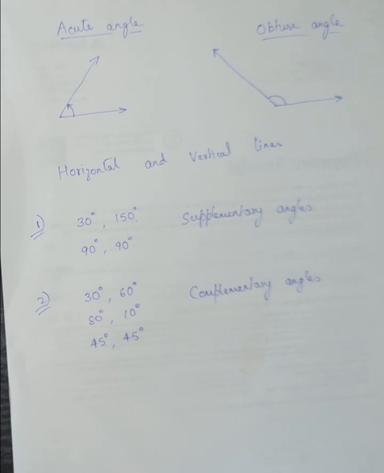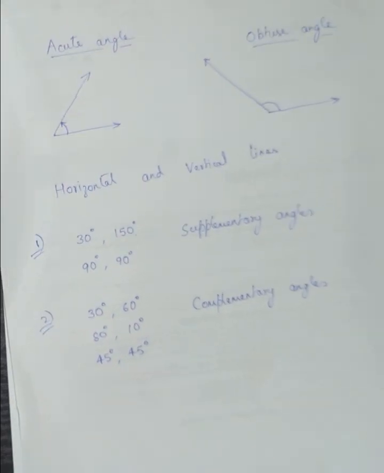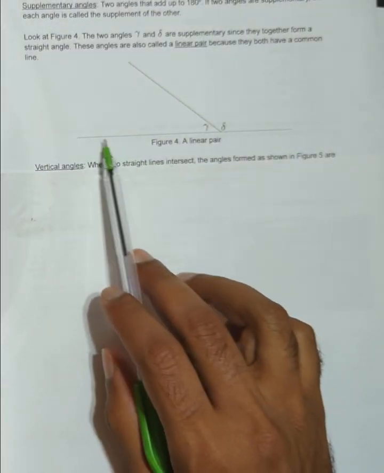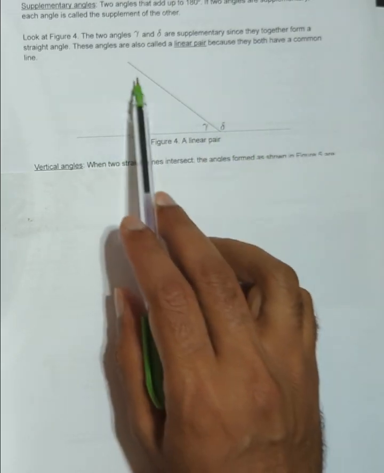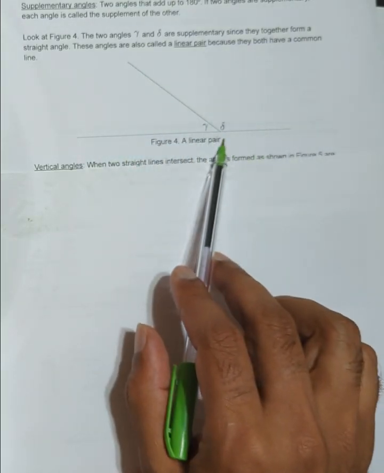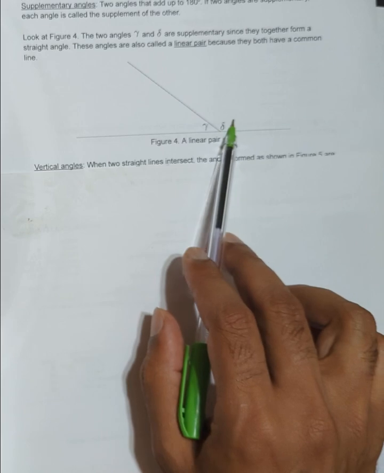So there is some terminology related to angles, and there's some more terminology. And here is what I want to show you. So if you look at this figure, you have a straight line and then some other line intersects this straight line and forms two angles.